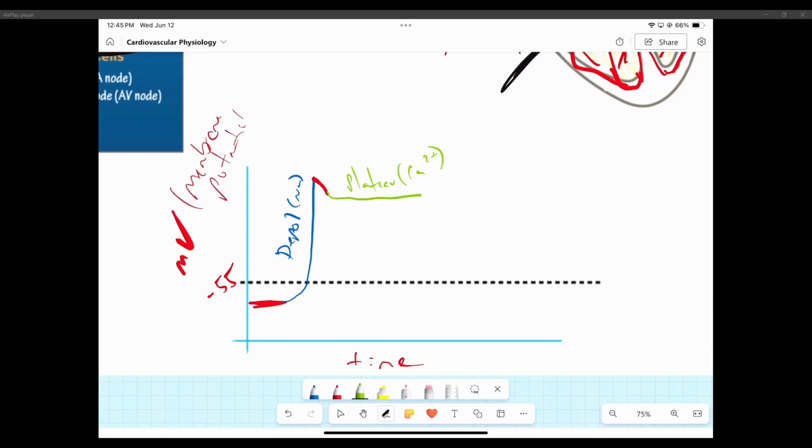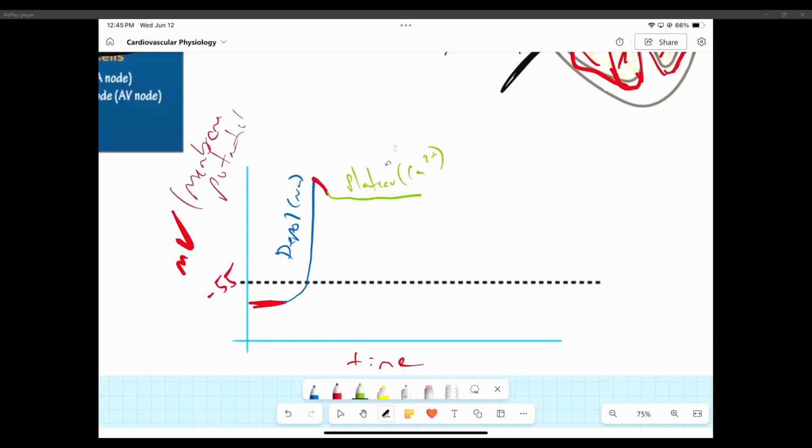Calcium is done now, but what ion is still moving because their doors are still open? Potassium. So calcium is done now, and now it's potassium's turn. What's going to happen to the action potential? It's going to repolarize because only potassium is leaving the cell. So all these positive ions are leaving, and the inside is going to go back to normal.